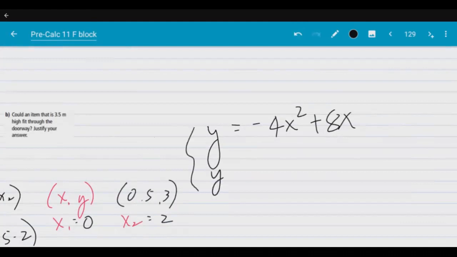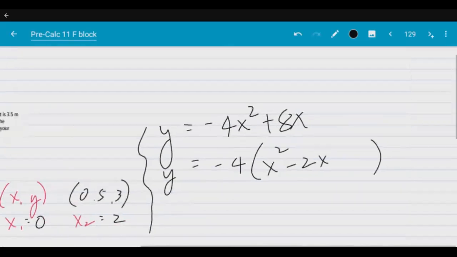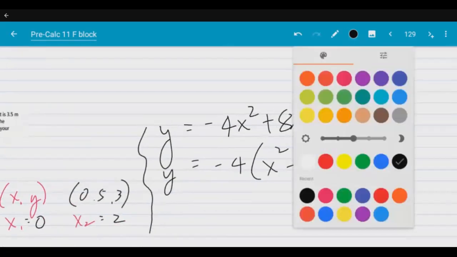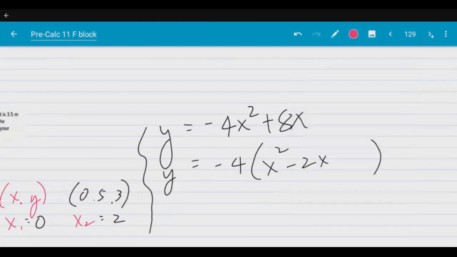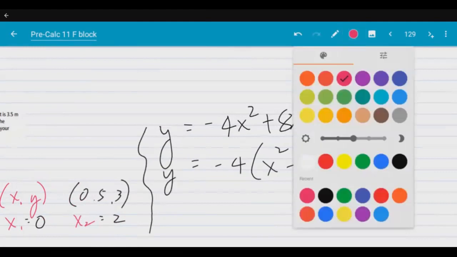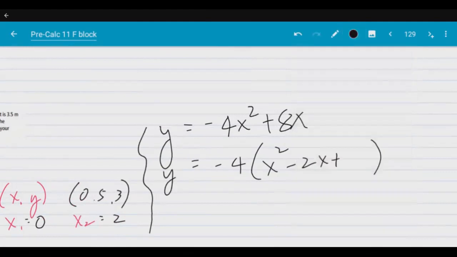How do we turn it into vertex form? By completing the square, we factor out the negative 4, and this would be x squared minus 2x, okay? Now, we need to add a number in here to make it a perfect square. So that would be to divide this by 2 and then square it.